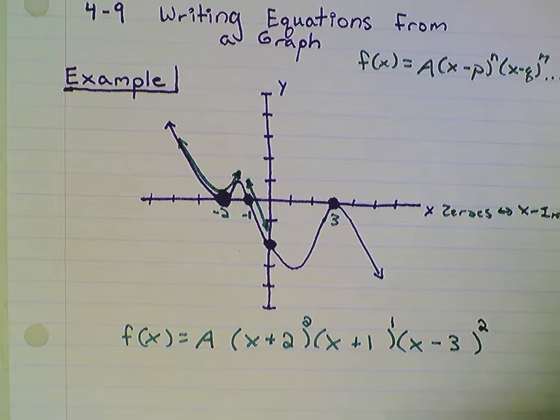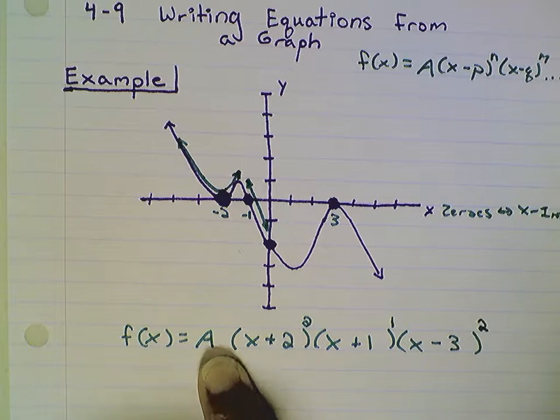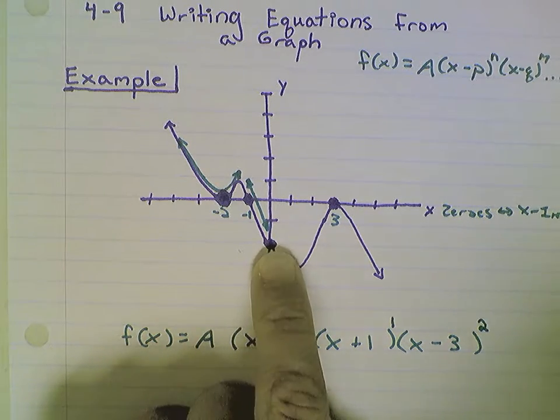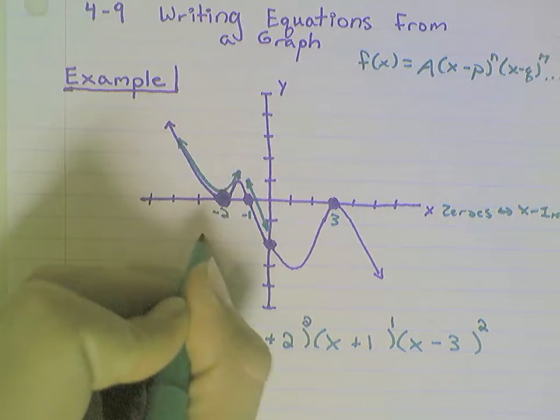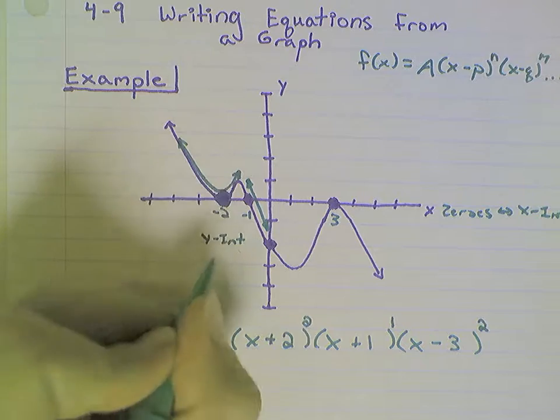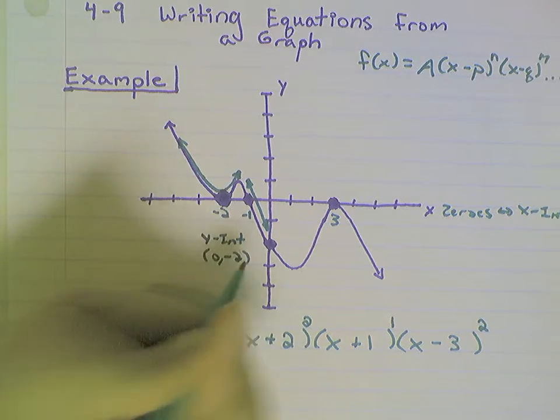Now, what we need to find is this a value, and this a value will help us use this last point I haven't discussed yet. And this last point is the y-intercept. Notice that our y-intercept is at 0, -2.